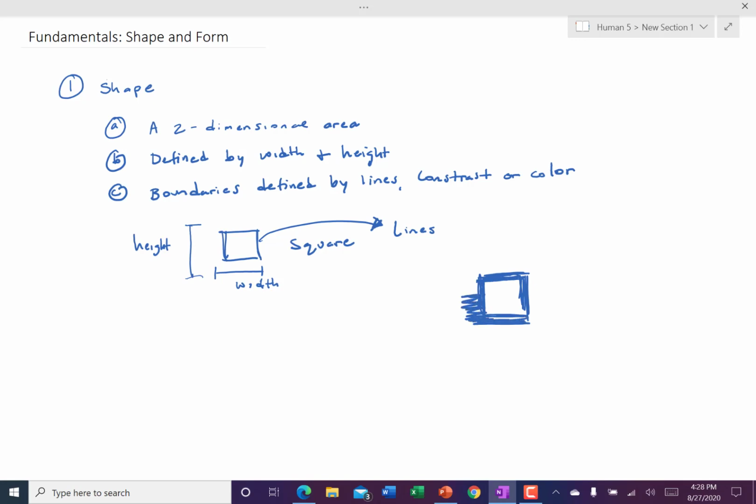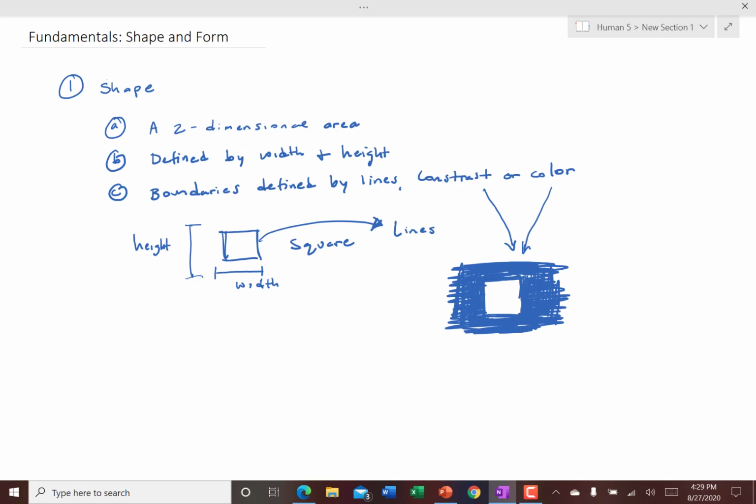If I kept shading in everything but the square, then it's not so much lines as the color that you now have there. That's where color and contrast come in to define the boundaries. It doesn't change what it is. We all learned our shapes in elementary school. You know what a shape is. It's just how it's being portrayed.